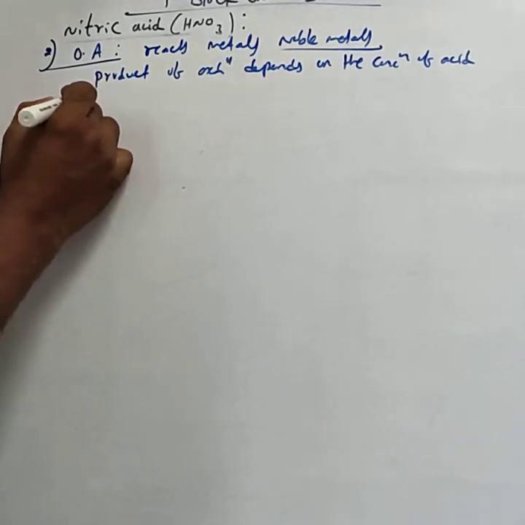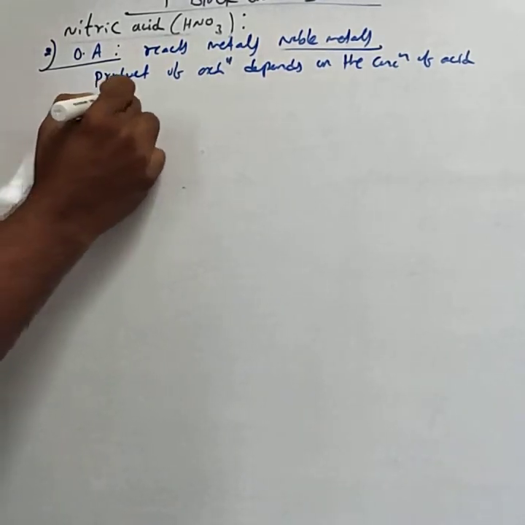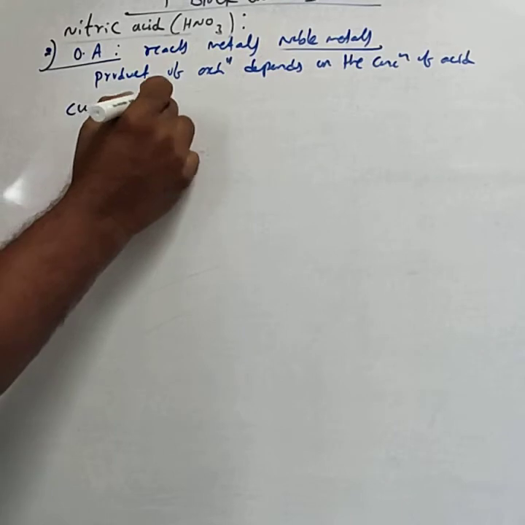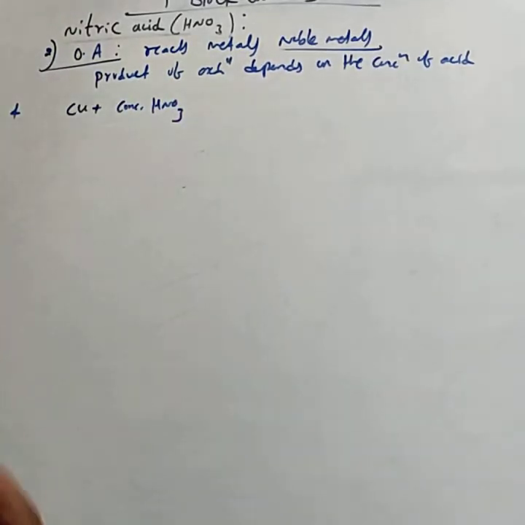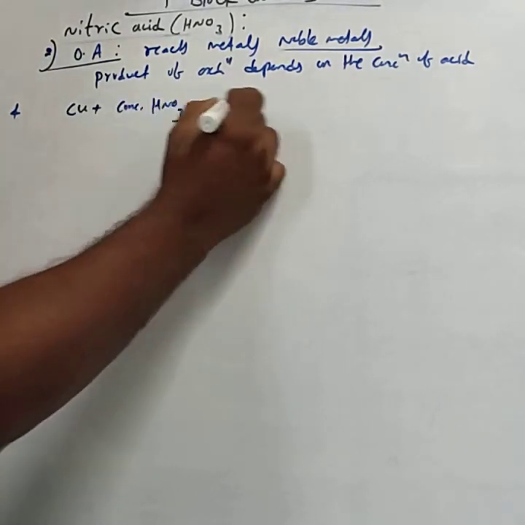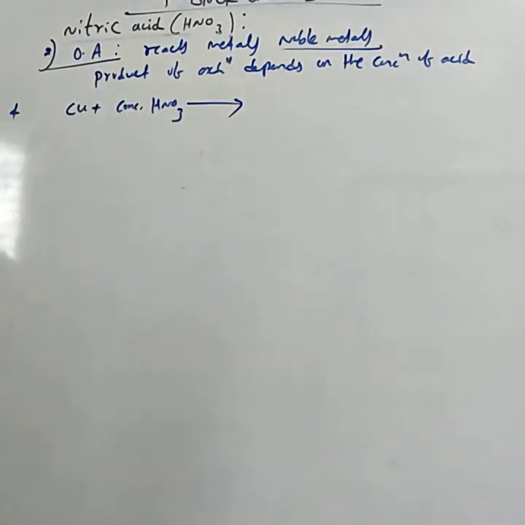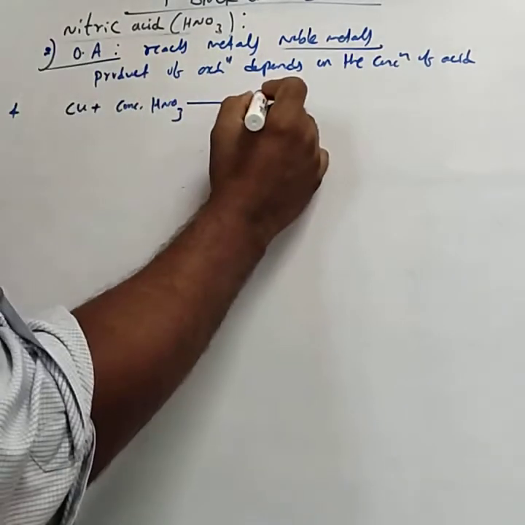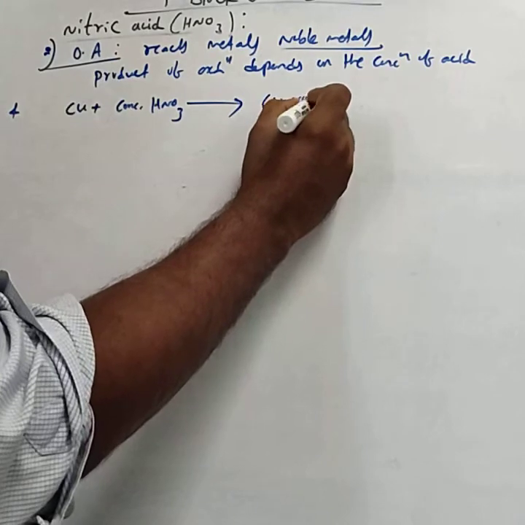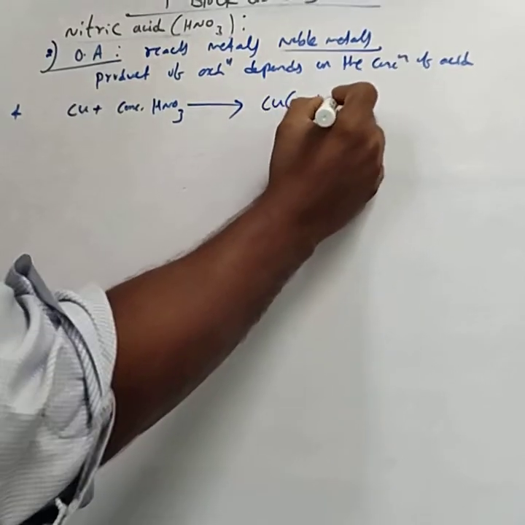For example, take copper. Copper reacts with concentrated HNO3. These are all important for board exams as well as for competitive levels. You have to mention the product formed. Concentrated HNO3 oxidizes copper into cupric nitrate, Cu(NO3)2.